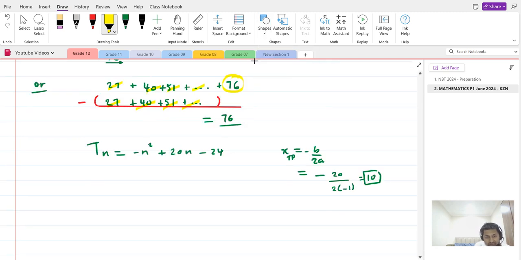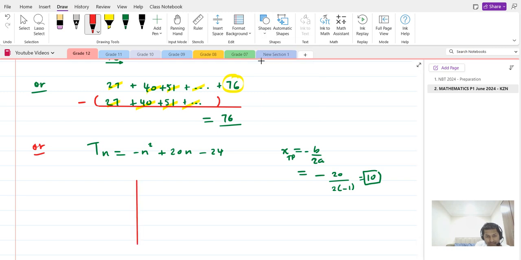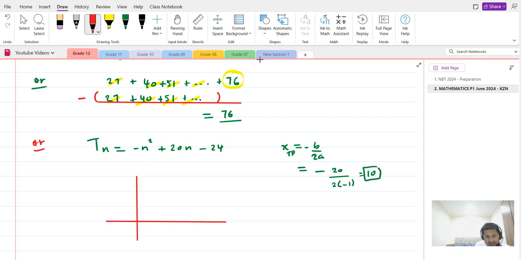If I try to draw this, remember this is the third method that I'm trying to solve this. This is how you're going to draw this quadratic function. When the value is 1, the first term was negative 5, so let's put negative 5 here.